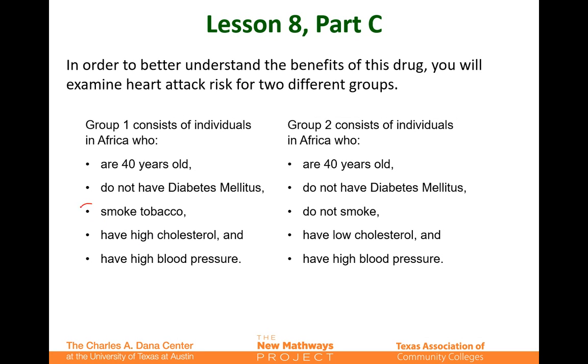These are all really high-risk behaviors. Group 2 consists of individuals in Africa who are 40 years old. They do not have diabetes, but they also do not smoke, have low cholesterol, and have high blood pressure. So the only big difference is they don't smoke and they have low cholesterol.